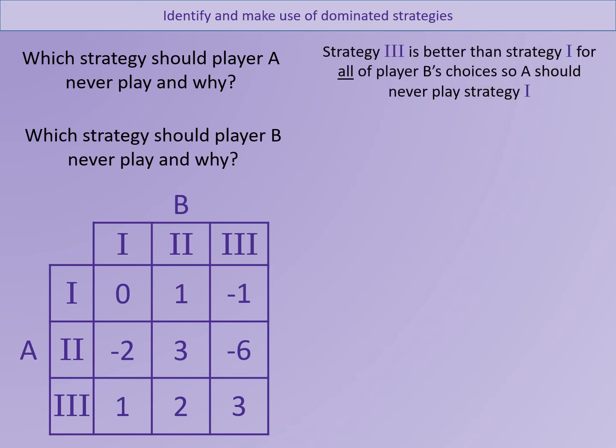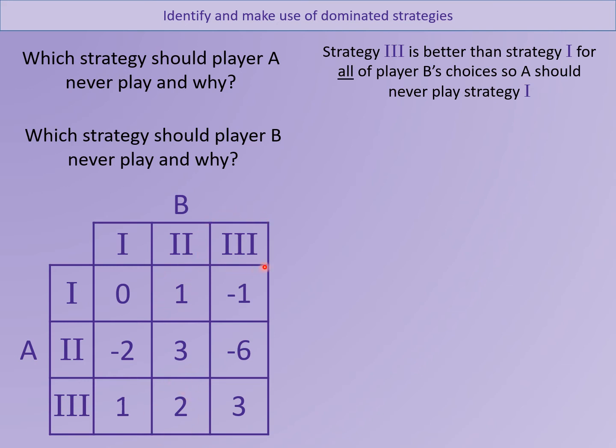So we can see that for player A, choosing strategy 3 will always be better than choosing strategy 1, regardless of how player B chooses. So we can see here, for example, if player B chooses option 1, then A can either win 0 or win 1, so winning 1 would be better. If B were to choose option 2, A will either win 1 or 2, winning 2 is better.